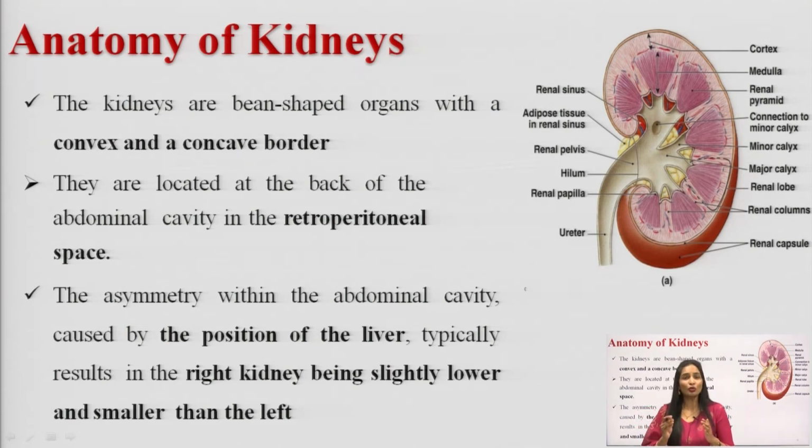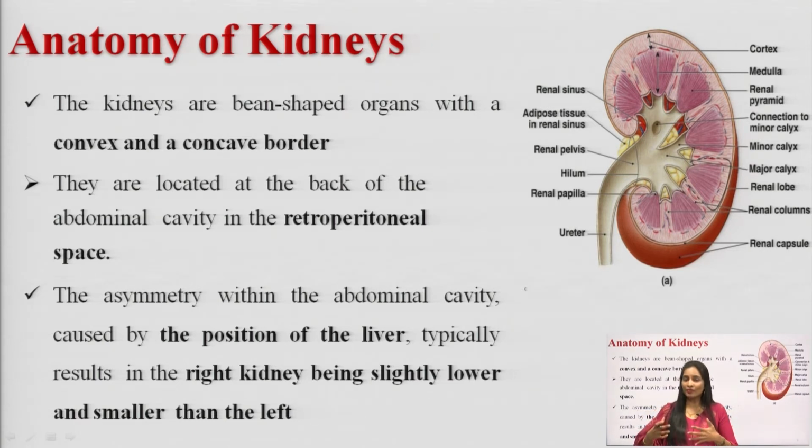Because of asymmetry within the abdominal cavity, you know that the right side is covered by the liver and the left side is covered by the stomach, and the liver is a major and large organ, right.